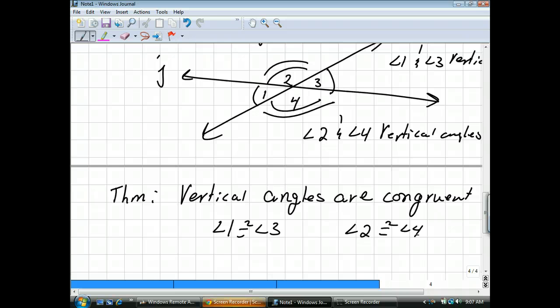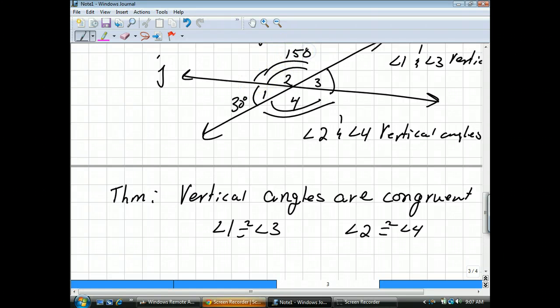Okay, and it makes sense because if this angle is 30 degrees, then this one has to be 150. If that one's 150, then this one has to be 30 because of them forming straight angles and being supplementary.